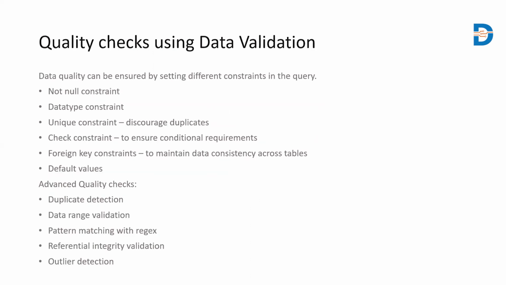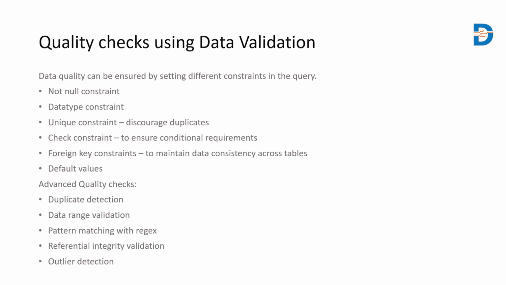Now, let us see what are the common data quality checks that are available in SQL for data validation. We have a lot of commands wherein you can validate the data at the entry level using constraints in a query. Probably the first constraint that you can use is NOT NULL if you want your data to be complete. Any field, while you are declaring it, can be ensured as NOT NULL.